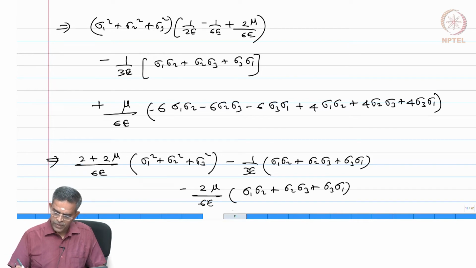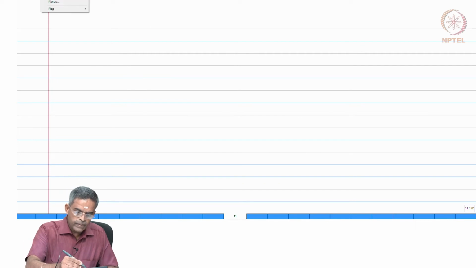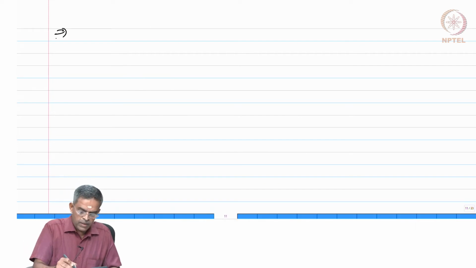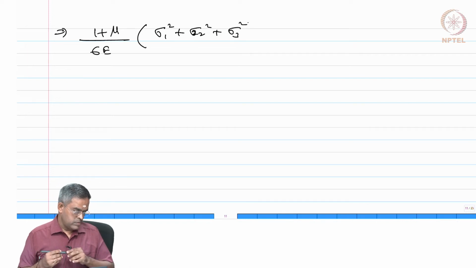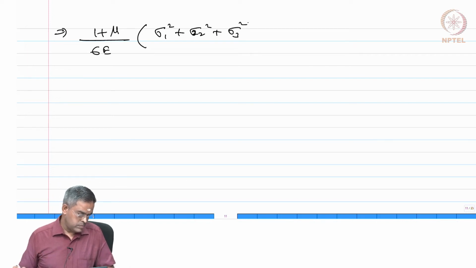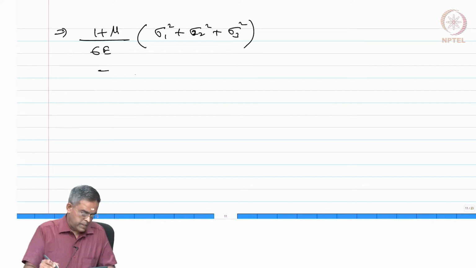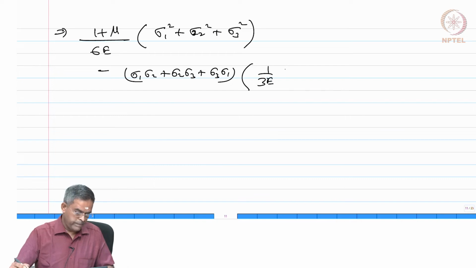Okay. Let us simplify this further, which will become minus (σ1σ2, σ2σ3 and σ3σ1) of 1 by 3E plus 2μ by 6E.